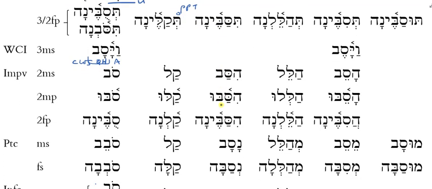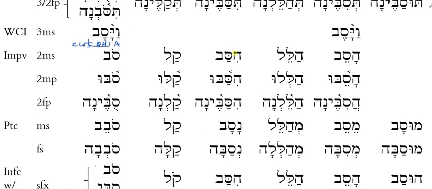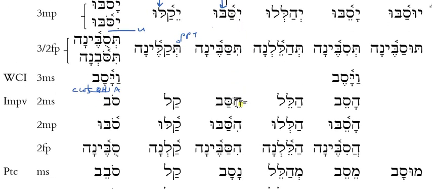The imperative is hissav. Remember, Nifal imperatives get a prefix hey, and the rest of the vowel pattern looks like the regular old imperfect in the Nifal. So if my Nifal imperfect is yissav, like this, just change the yod out for a hey, and I've got the imperative 2MS. Okay?